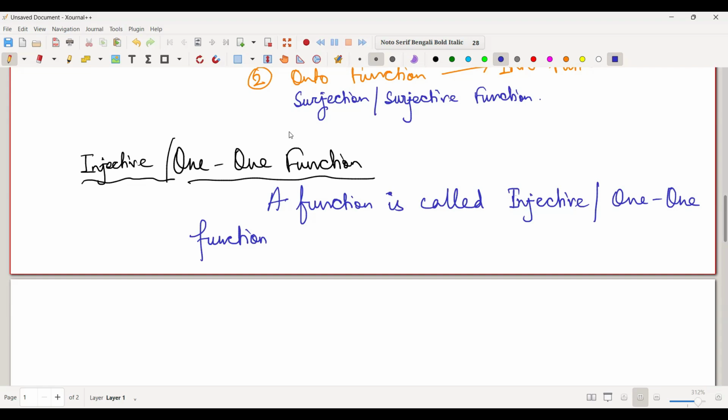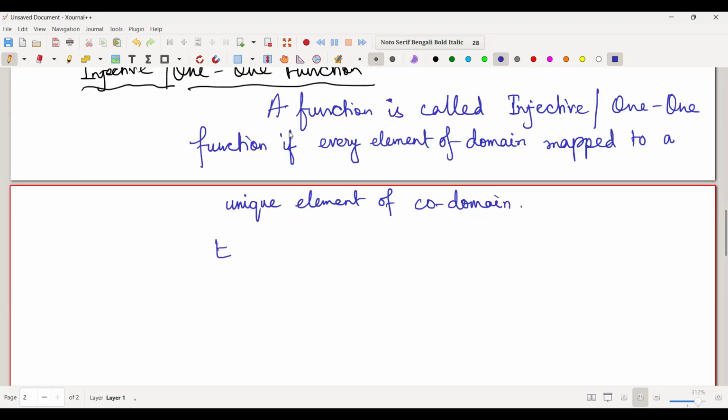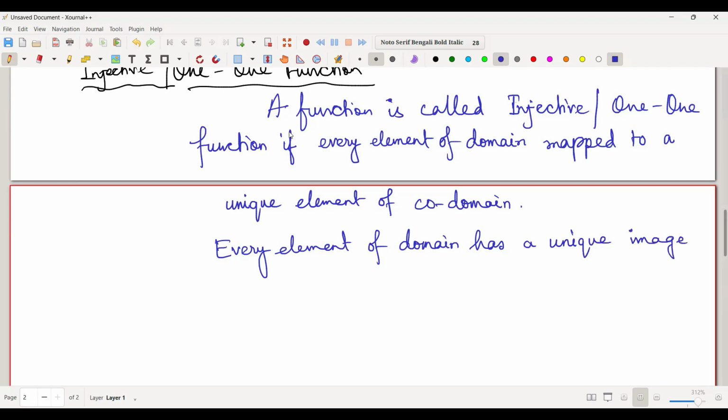A function is called one-one if every element of the domain is mapped to a unique element of the codomain, or we can say that every element of the domain has a unique image in the codomain.